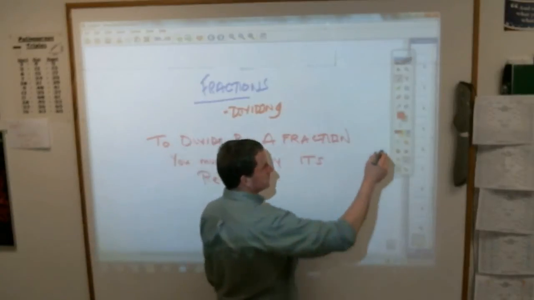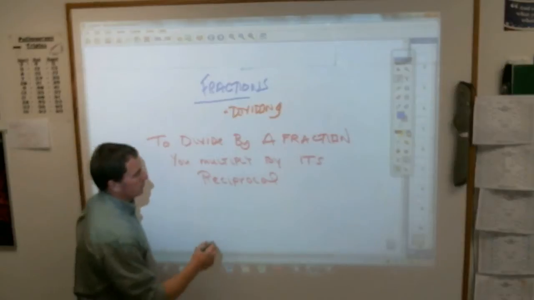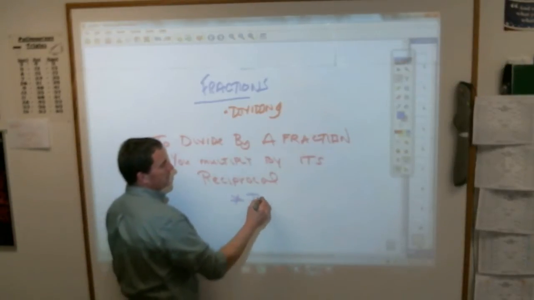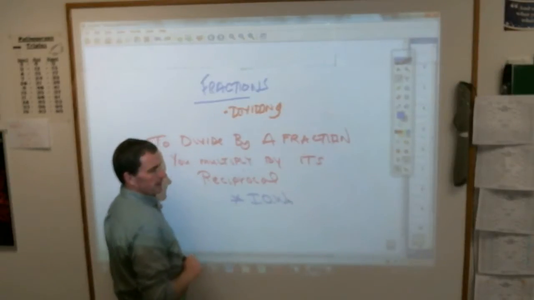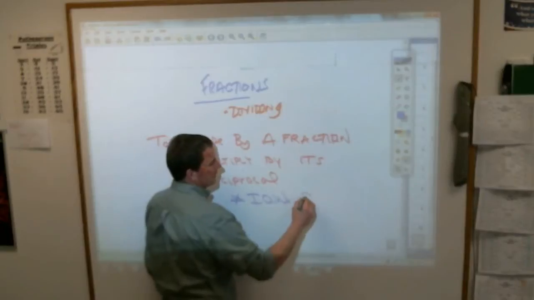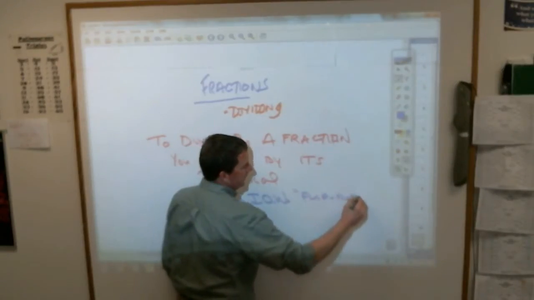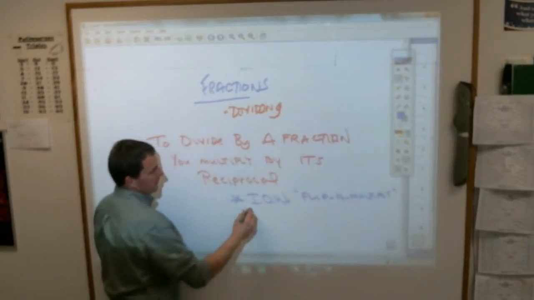We did a little bit, not quite in this many words. You could also say, in other words, a lot of times I would just say you flip and multiply by the second fraction.